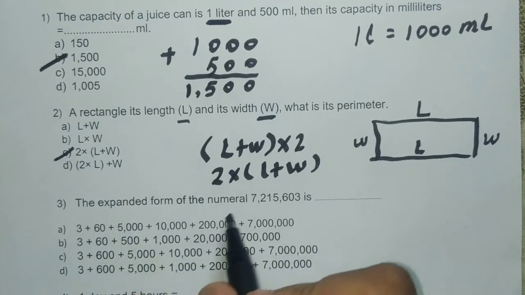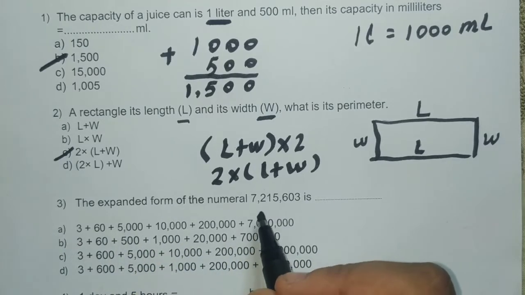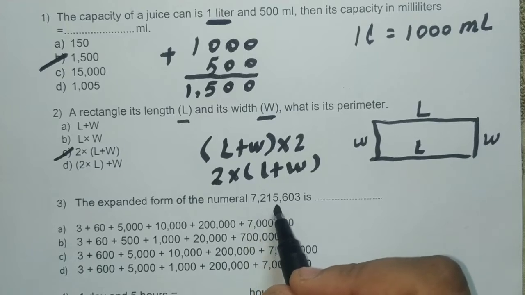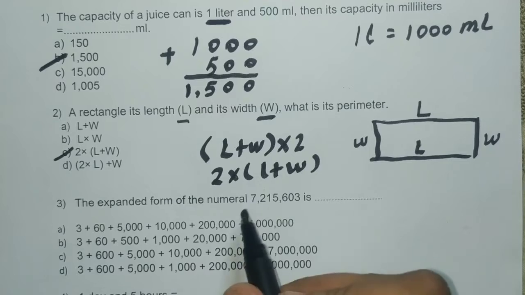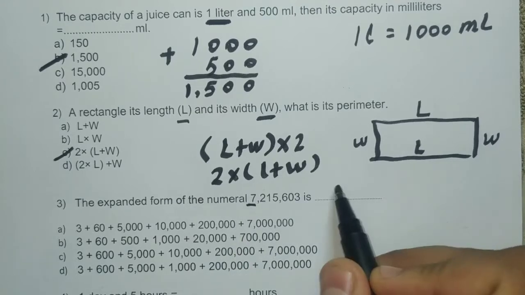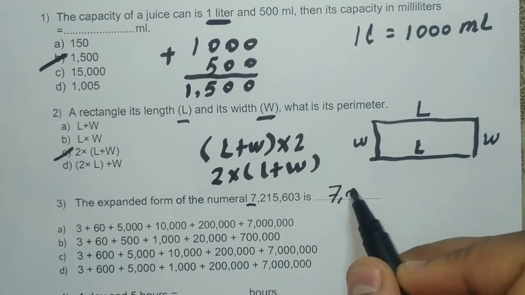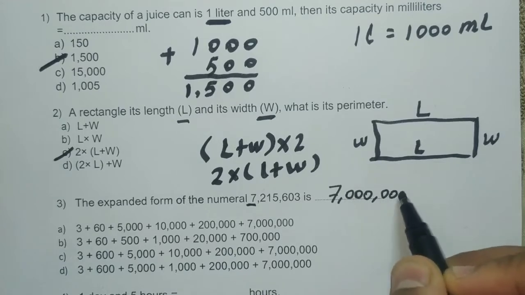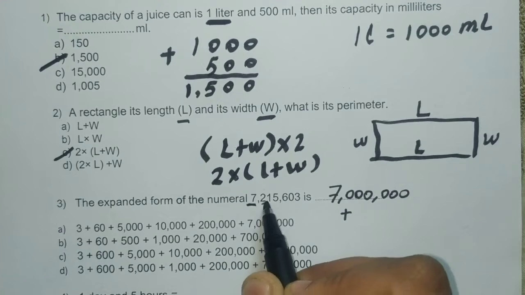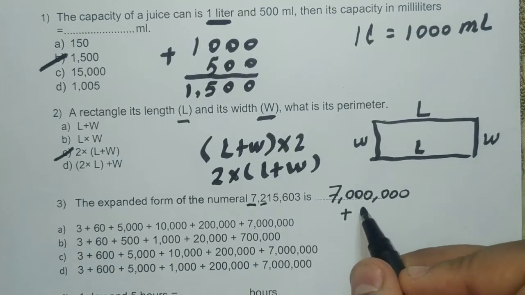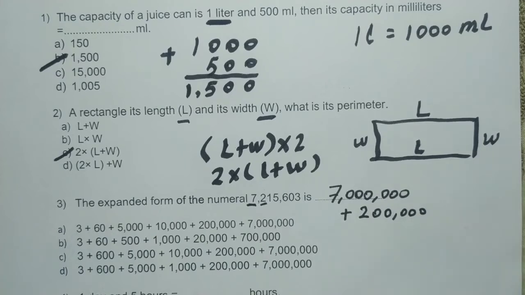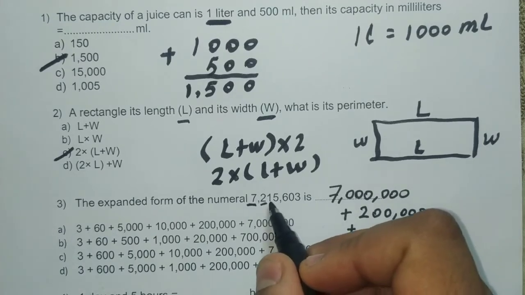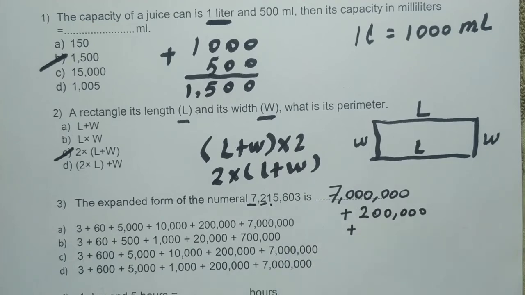The expanded form for the numeral 7,215,603 is 7 million. So 7 and 6 zeros plus 200,000. So it's 2 and also 5 zeros, plus 1 in 10,000, it will be 1 and how many zeros?